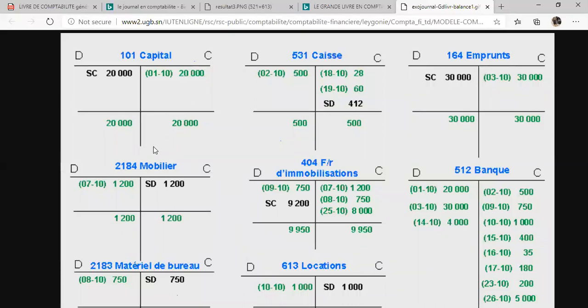How you draw it is that we have transactions from the journal, and let's say our first transaction is: started a business with capital of 20,000. We'd record that in the journal. After we establish the whole journal and come to what is called the Grande, we would write the compte de capital as the first one because it falls under class 1. Everything which is class 1 would be placed first, class 2 secondly, class 3 thirdly, and so on.